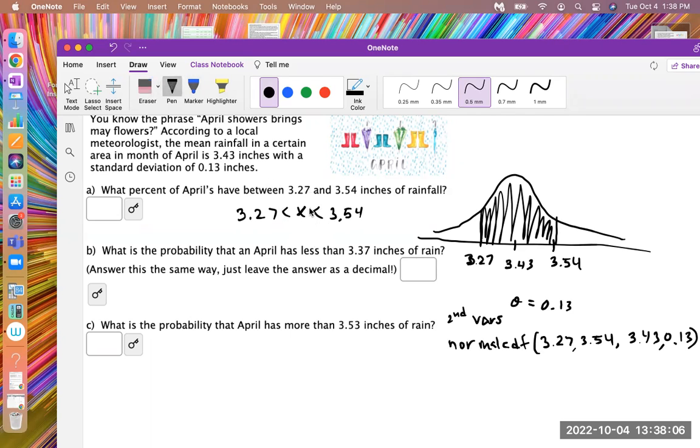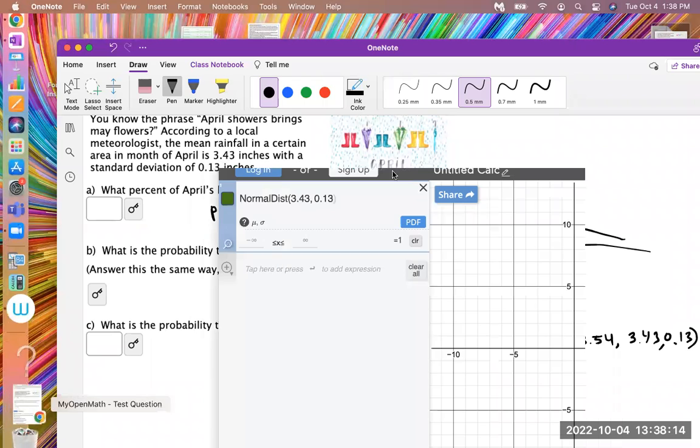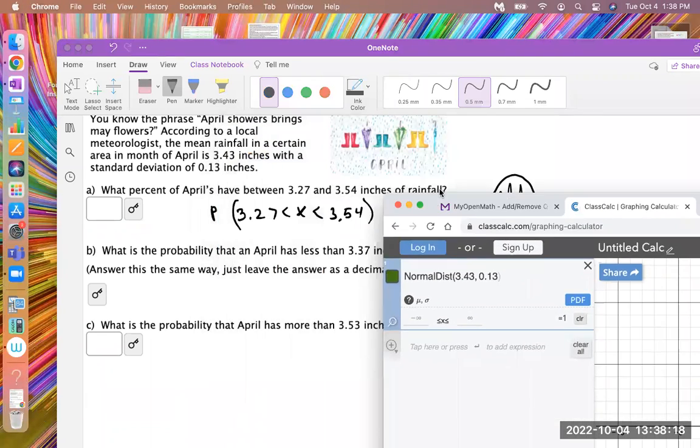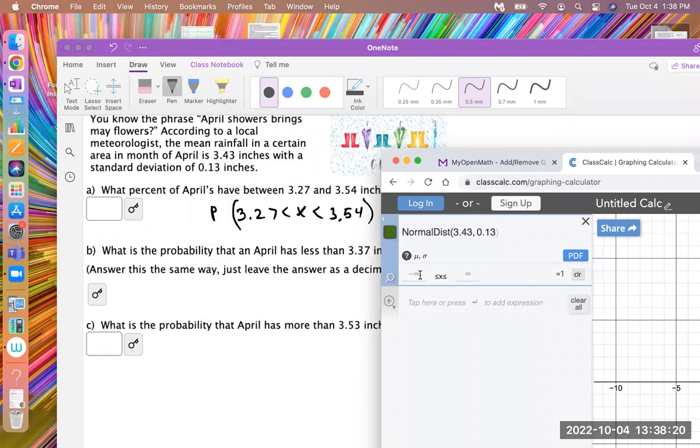We're referring to the probability that the random variable is between 3.27 and 3.54. So now we just put it into the Class Calc exactly as we see it, with the alligator's mouths both facing to the right, just like we have here.